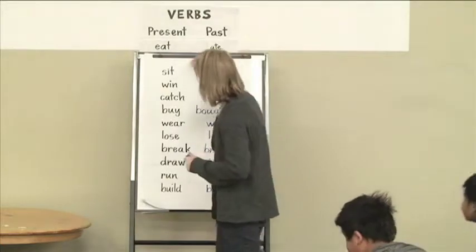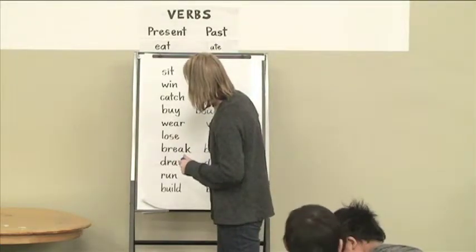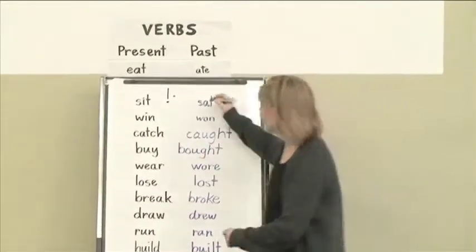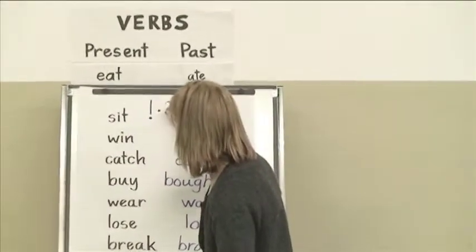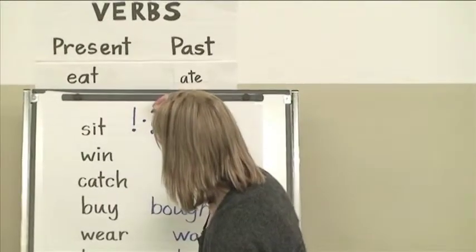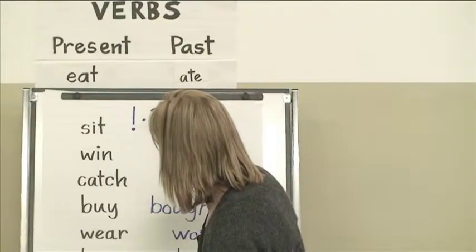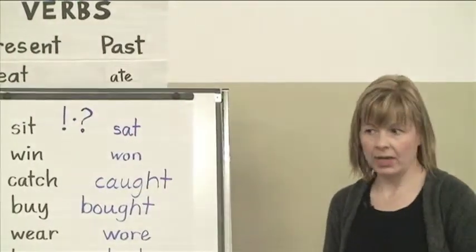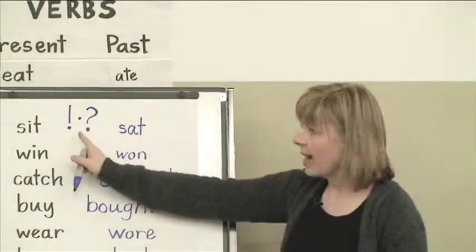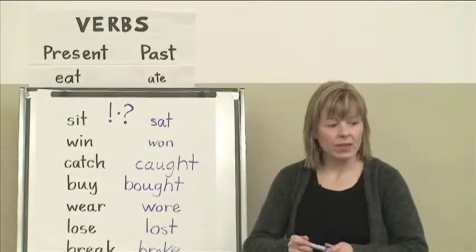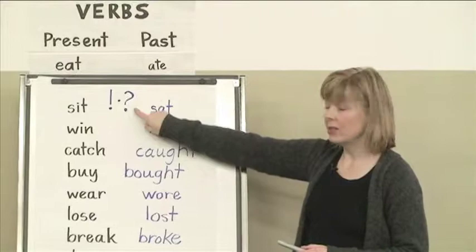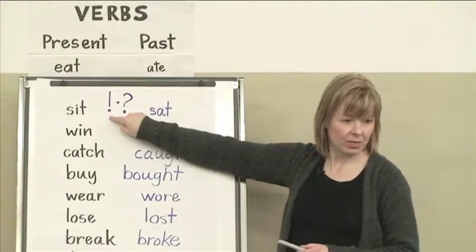So we had exclamation marks, or a period, or a question mark. Good. A question mark. And each of these is for a certain kind of sentence, right? We have to finish our sentence with one of these things, either a period, a question mark, or an exclamation mark, right?